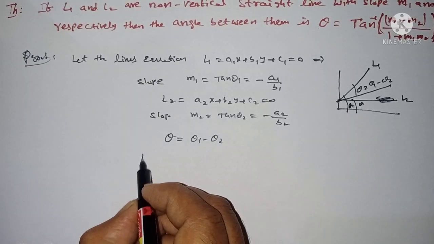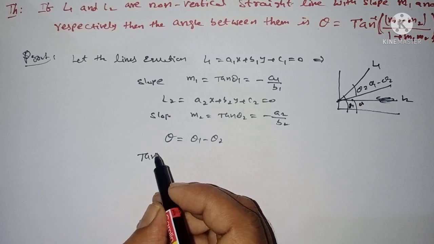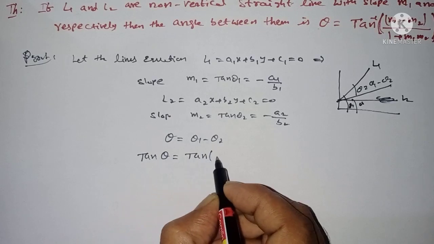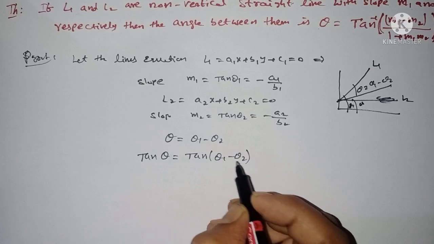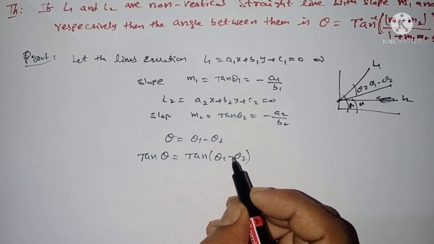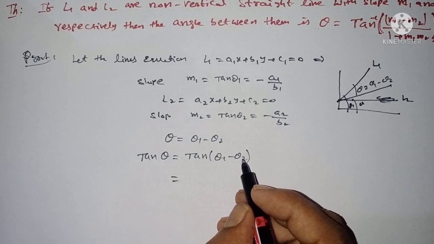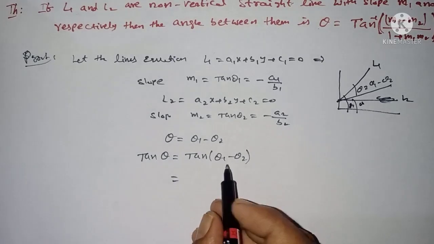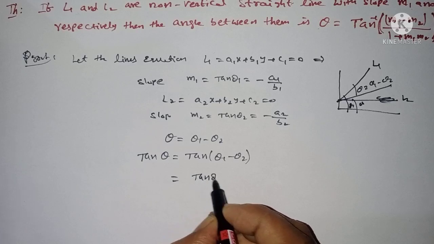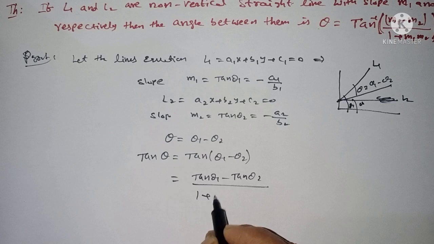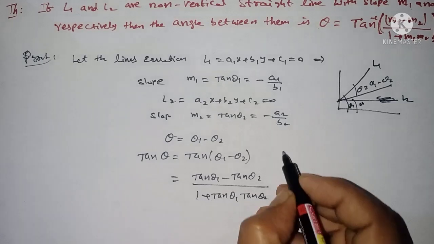Apply tan on both sides: tan theta is equal to tan of theta 1 minus theta 2. What is the formula for tan A minus B? It is tan theta 1 minus tan theta 2 by 1 plus tan theta 1 into tan theta 2.